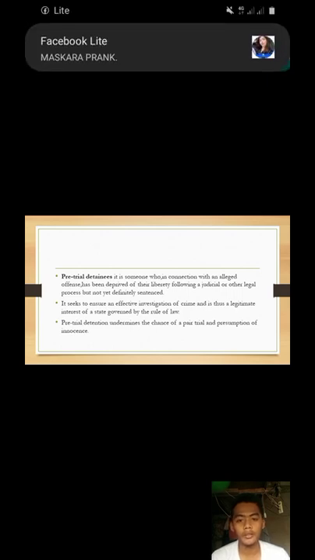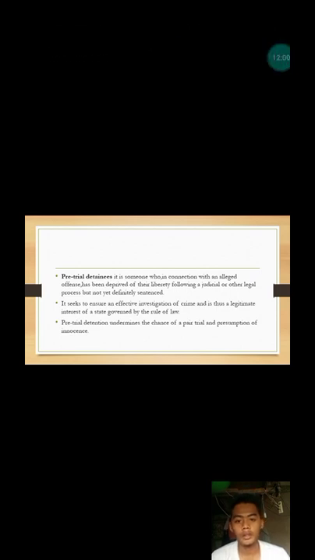Pre-trial detention seeks to ensure an effective investigation of crime and is thus a legitimate interest of a state governed by the rule of law. So it ensures that the investigation of crime is effective and governed by the law.